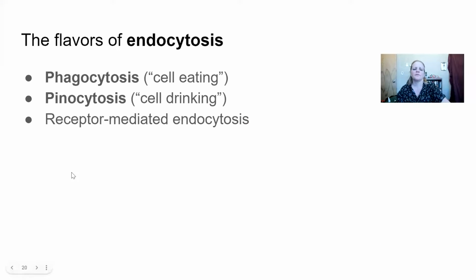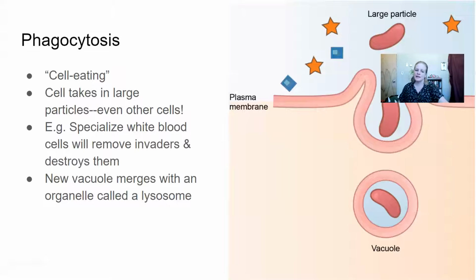Okay, so the three flavors of endocytosis are phagocytosis, pinocytosis, and receptor-mediated endocytosis. So let's talk about each of these. Phagocytosis means cell eating. This is where the cell takes in large particles, and they can even be other cells. In fact, that's what some of our white blood cells, specific types of them, do.